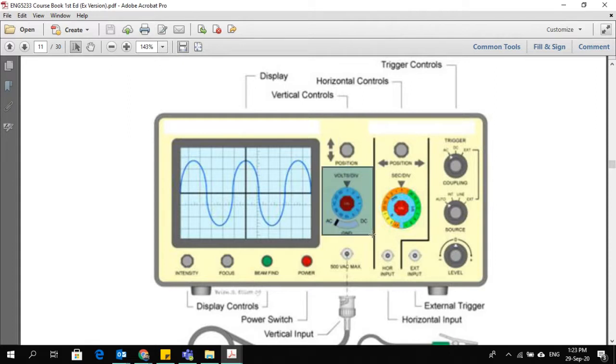This second knob is a selector switch where you can adjust the volts per division. For example, if I set 1 volt per division, this wave height is 1 division, a second division, and the third division is half. You can say 2.5 divisions.